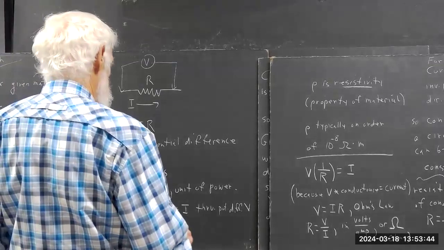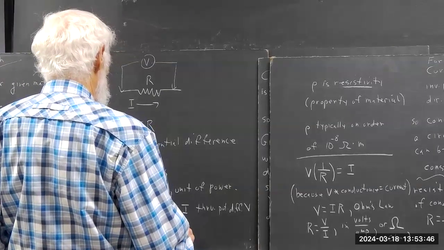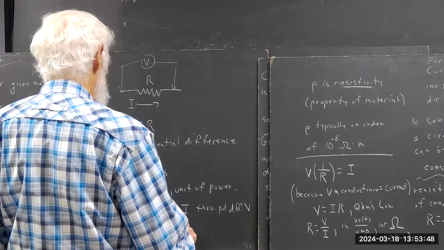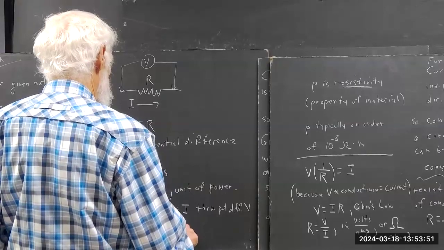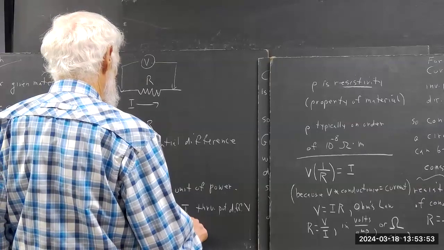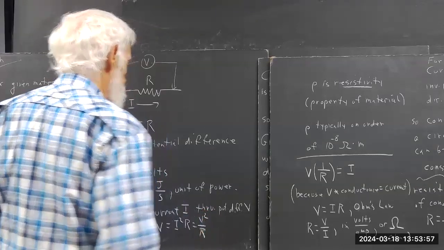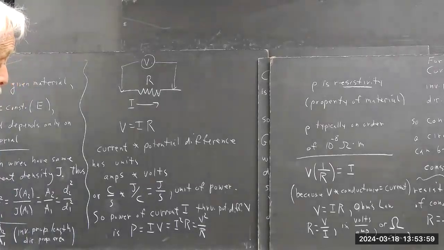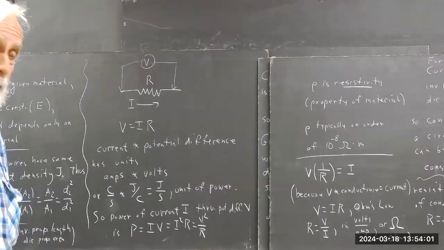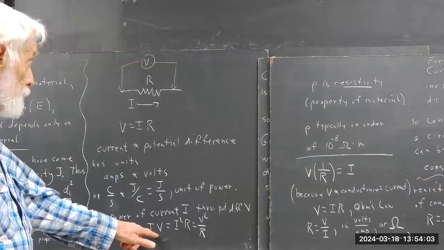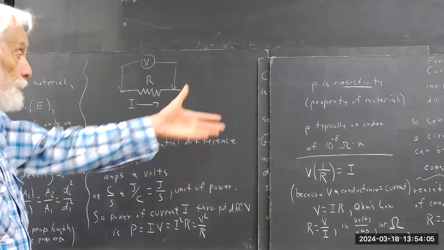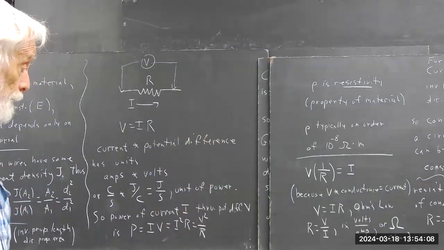And that's your basic power relationship for circuits. And of course, that's I squared R or V squared over R, just alternative ways of doing it. V is the current times resistance because of all the connections we made here.